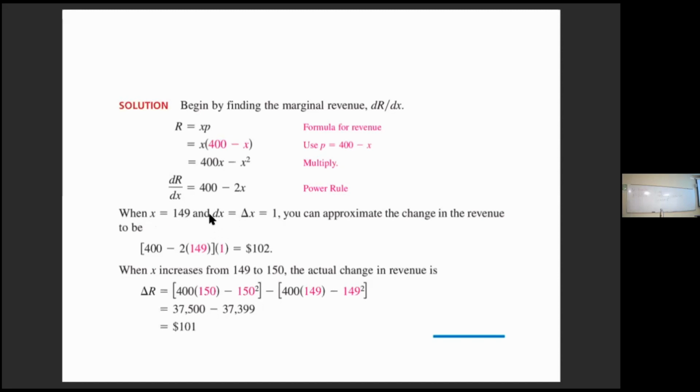The differential isn't actually equal to delta x. We're saying that we can approximate it with delta x if delta x is small. And we're saying delta x is equal to 1. In that case, what we see here is going to be dr. And what we see here, that's what I wrote up top, right?